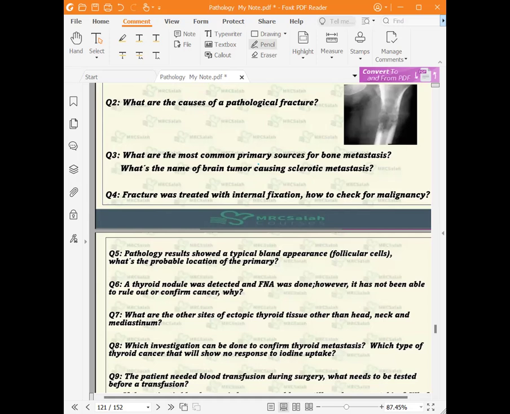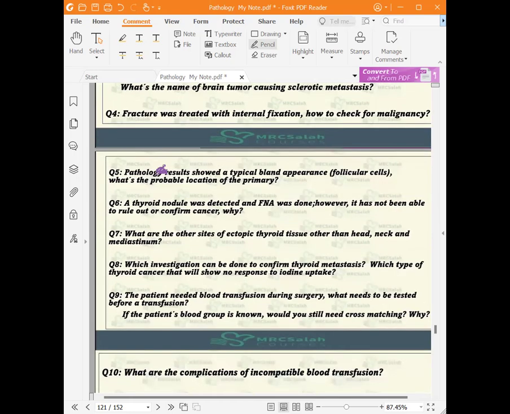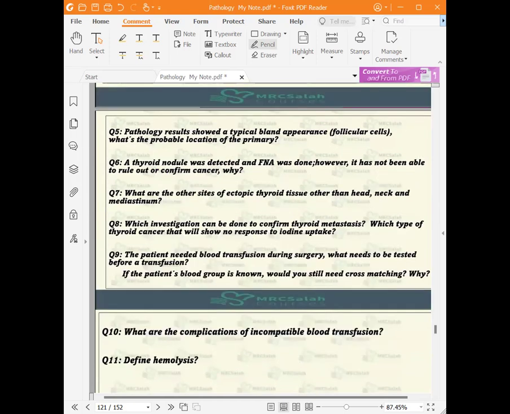Aspiration from bone marrow biopsy? Bone biopsy. Okay. Pathology results showed atypical follicular cells with bland appearance. What is the probable location of the primary? It will be thyroid gland.